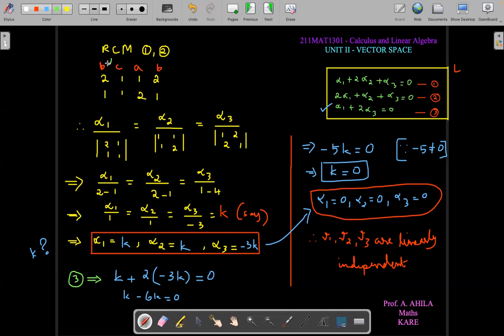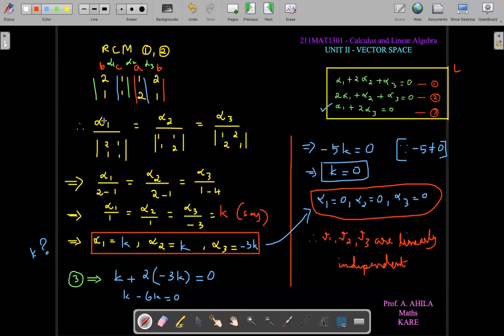In between, the variables are alpha 1, alpha 2, alpha 3. So alpha 1 by this minor, 2, 1, 1, 1. Alpha 2 equal to alpha 2 by this minor, 1, 1, 1, 2. Equal to alpha 3 by the next minor, that is 1, 2, 2, 1, like this.